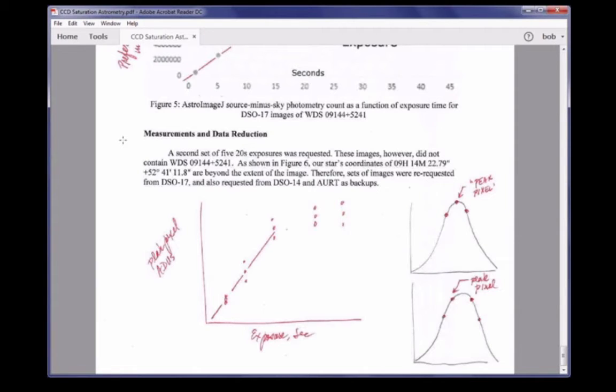And then also we could potentially maybe use those images. It'd at least give you a way of assessing how significant the saturation effect is, and it may not be badly affecting your separation and position angle measurements, because you've got the good situation.